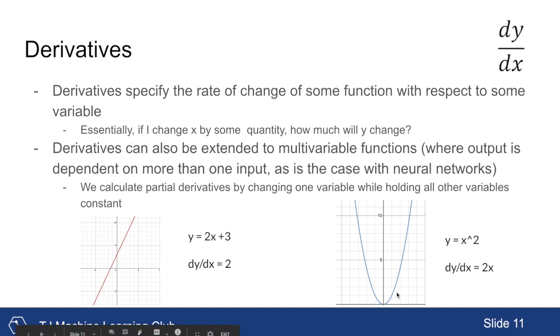So if you're taking the point, let's say 10 comma 100, because this is y equals x squared, then the slope of the tangent line is going to be 2 times the x value of that point, or 2 times 10, which is 20. So in this function, the slope is constantly changing, and the way to determine the slope of the tangent line is to plug in the x value of the point that you're looking at.